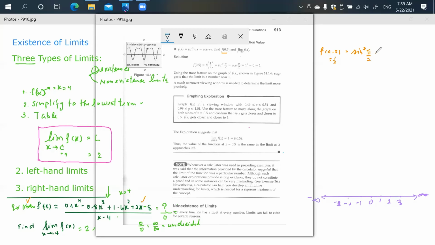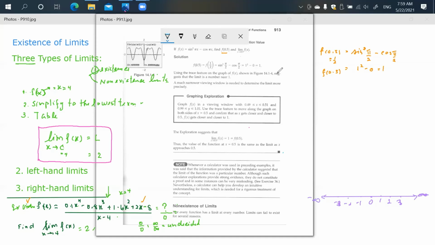So minus cosine pi, replacing x with 1 over 2, becomes pi over 2. Now this is sine of 90 degrees, right? Sine 90 degrees is 1. So it becomes 1 squared minus cosine 90 degrees, which is 0, so it equals 1. So f of x when x equals 0.5 equals 1, that's the answer.